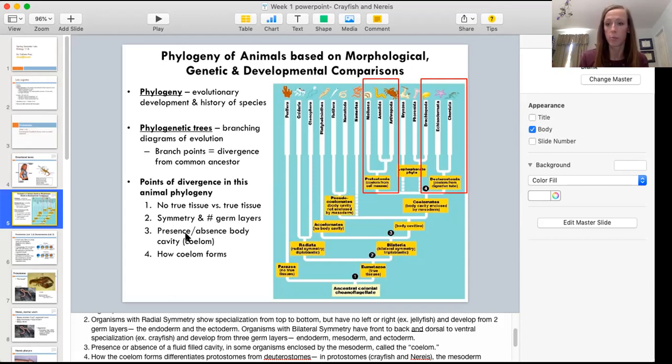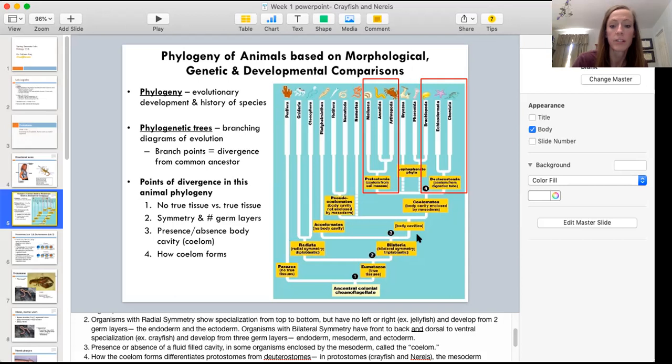So we have a tube, that's our digestive system, mouth to anus, that runs down the center of our body. And then around that, there's a space. Now we have other things in that space sometimes, but it should be a space that could be fluid or air filled, that is within the body wall but outside of the wall of the digestive tract. So that's what a coelom is.